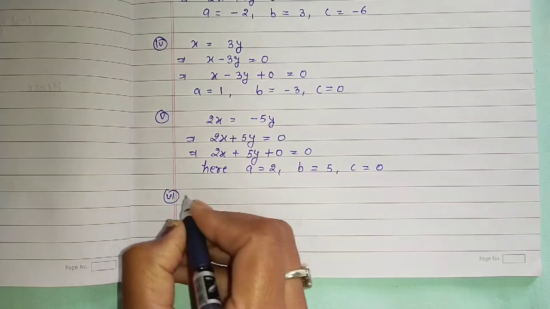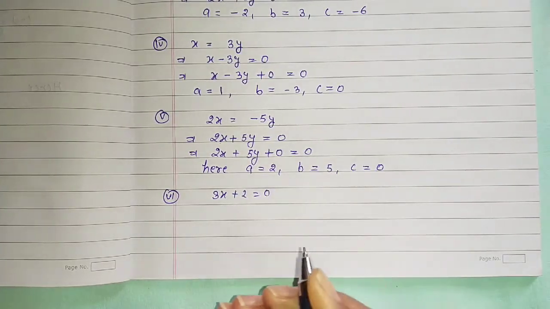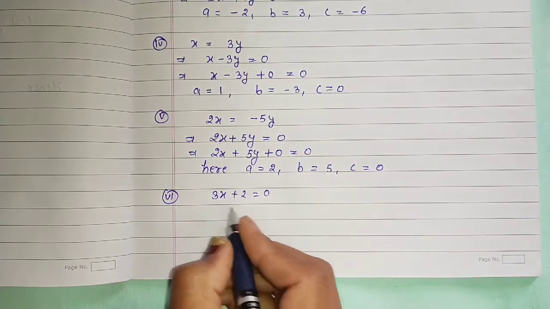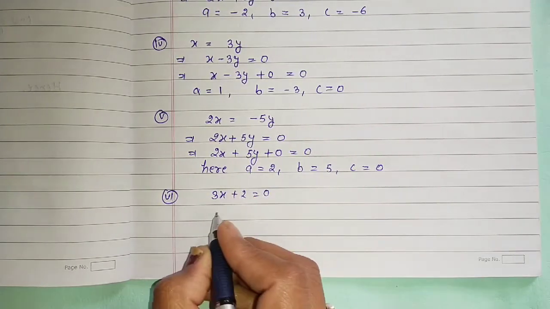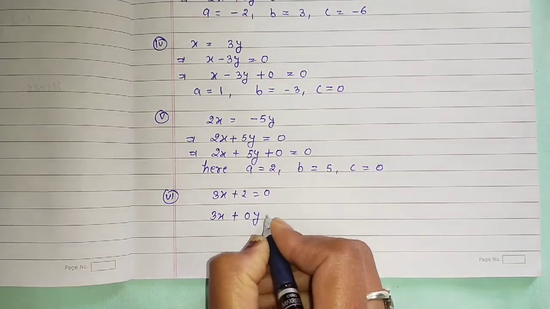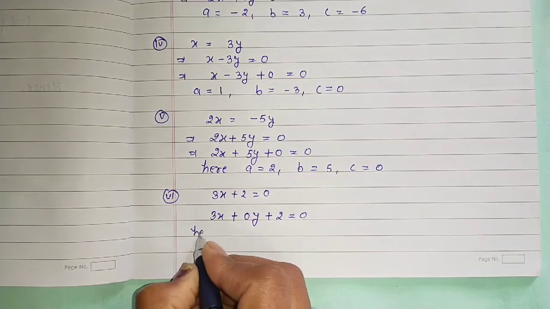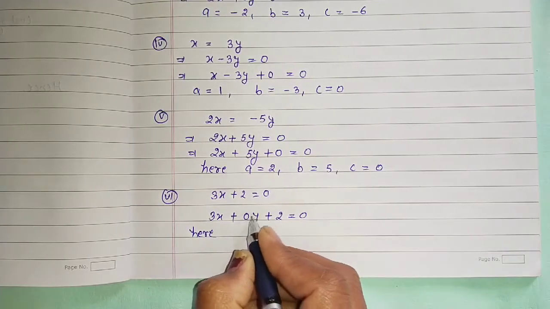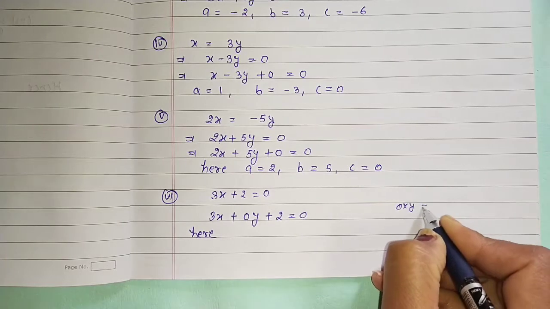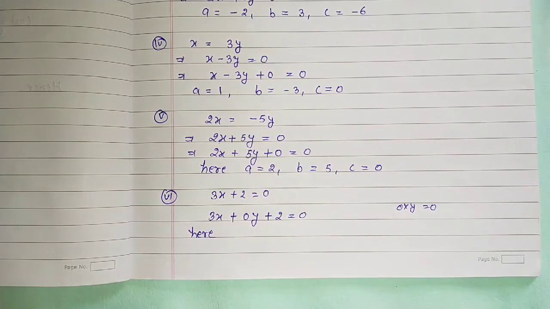The sixth part is 3x plus 2 equal to 0. We can write this equation as 3x plus 0y plus 2 equal to 0. Here, because 0 multiply y is 0, and by adding 0 in this equation there is no change.